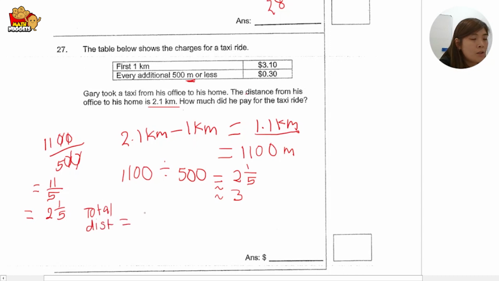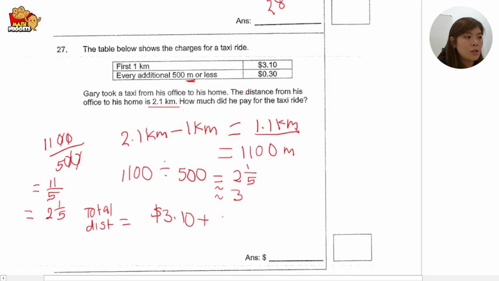will be the first 1 kilometer, which is $3.10, plus every additional 500 meter or less. So you know that just now we take 1100 divided by 500. We round up because it says 500 meter or less, so round up becomes 3.